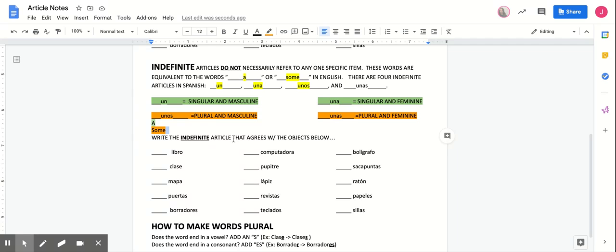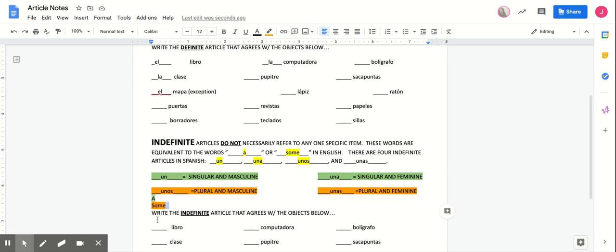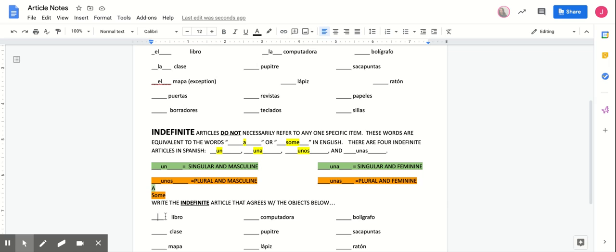So write the indefinite article that agrees with the objects below. So when we have libro, libro ends in an O. I'm going to confirm, and I can also confirm up here because I've already done the work going back and forth between Quizlet. I know that libro is masculine and singular, so I'm going to put un.